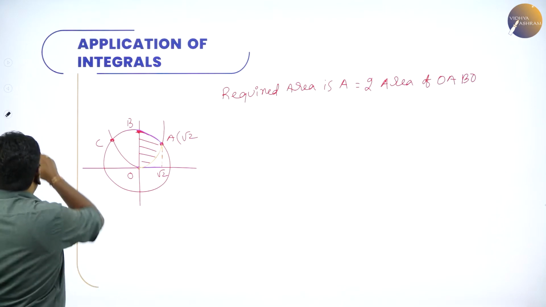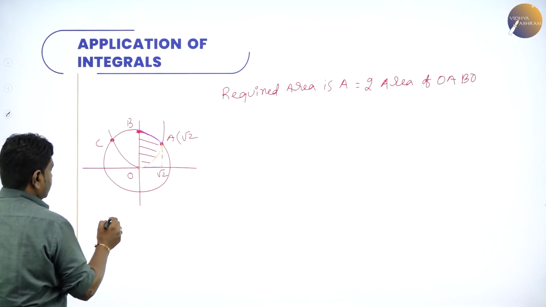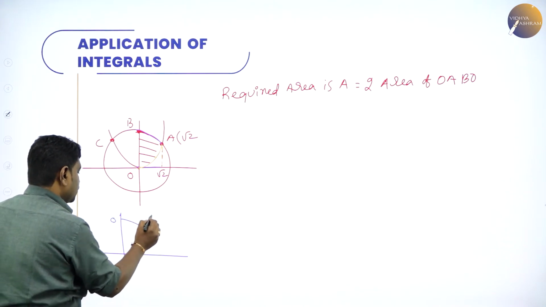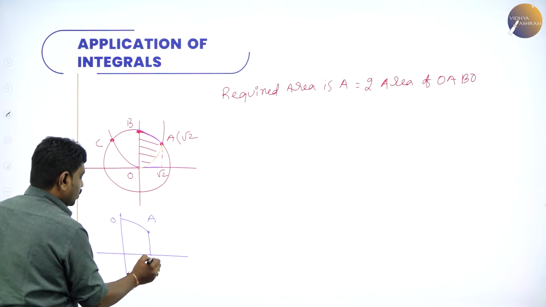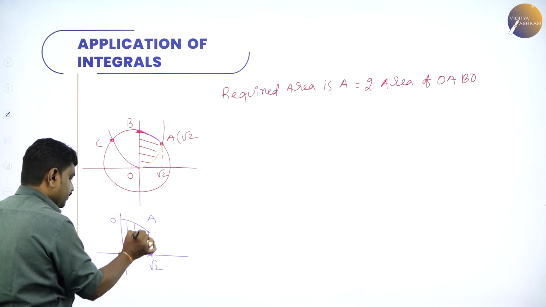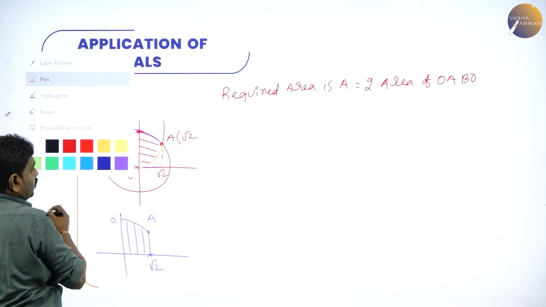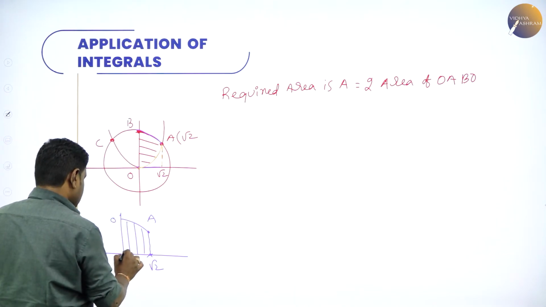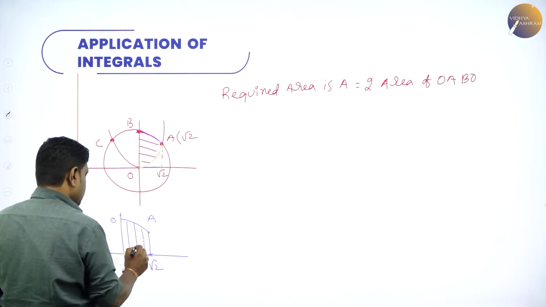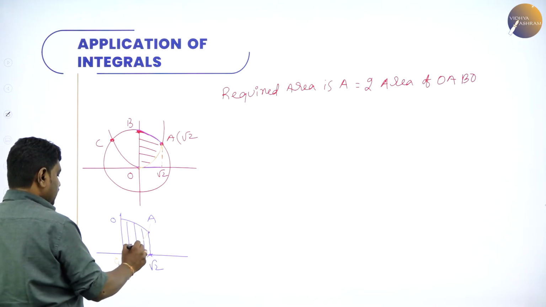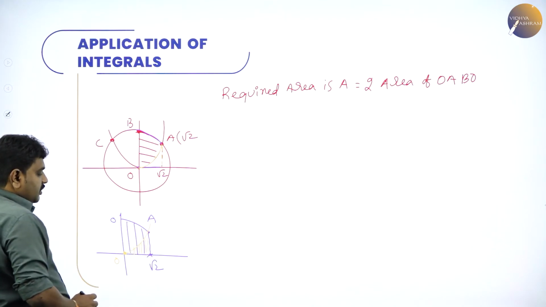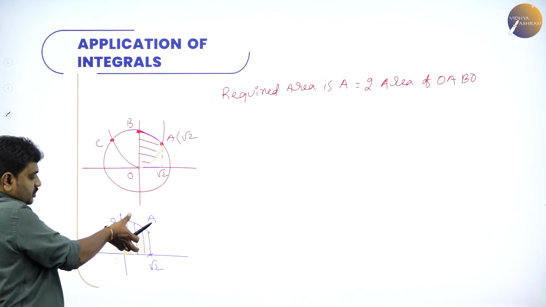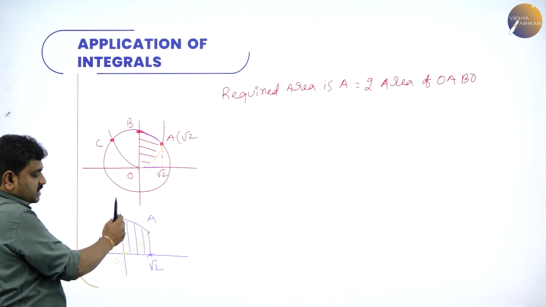See, if I separately draw, this part OA is circle part and perpendicular meets at root 2. I'll find this area. Then I'll have OA, this is O, this is A, this is parabola OA and x-axis. From the purple part, if I remove this yellow part, total minus this, I'll get this.